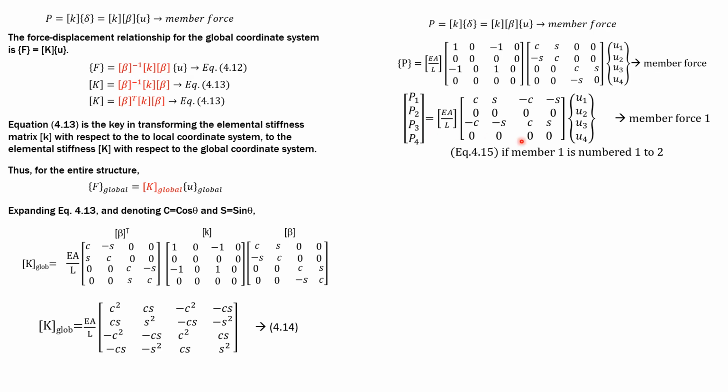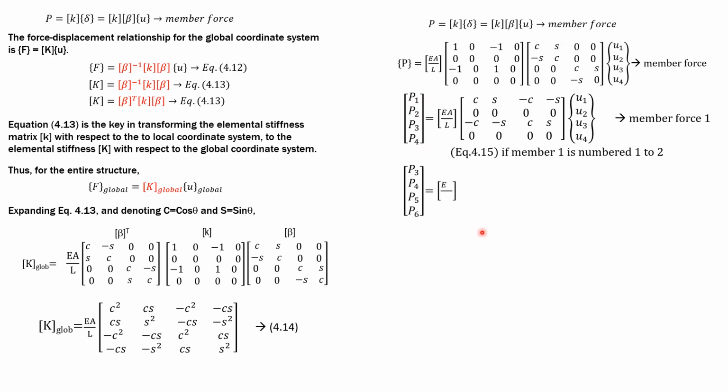Then P3 will be the negative of the first row. So negative of C, negative of S, negative of negative C, negative of negative S. That's it. Then row 4 will also be zeros. So that's the member force. And the numbering is 1, 2, 3, 4 if member 1 is numbered from 1 to 2. So that's why it's 1, 2, 3, 4.